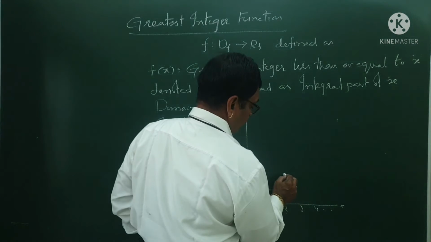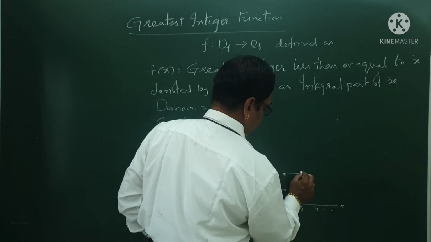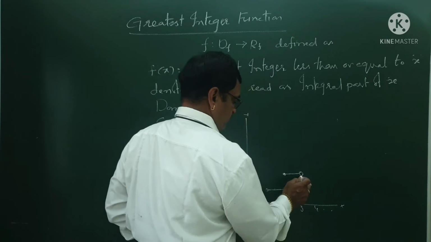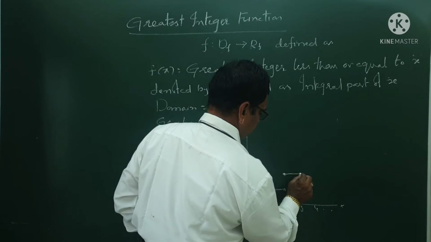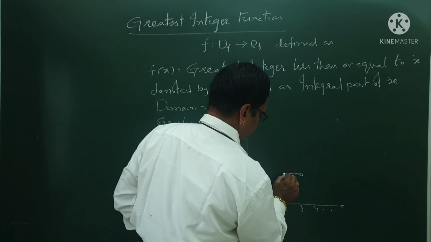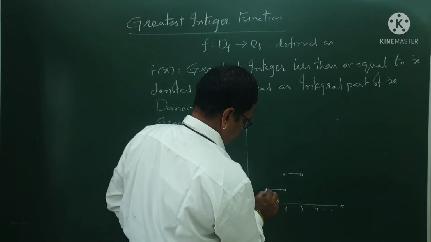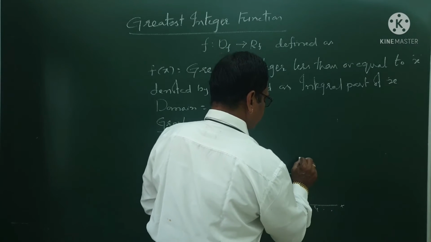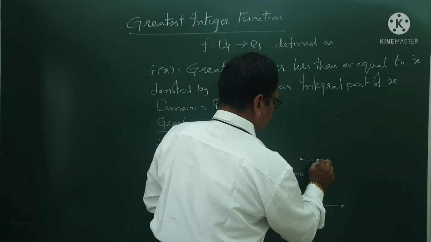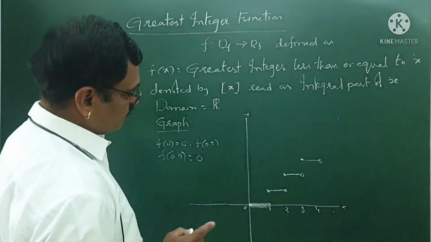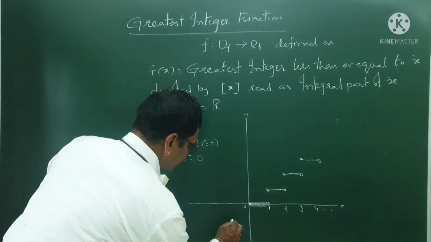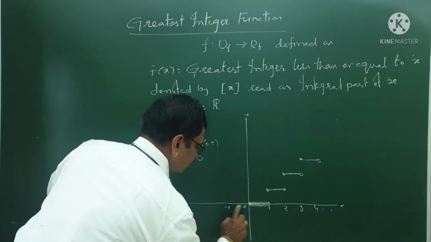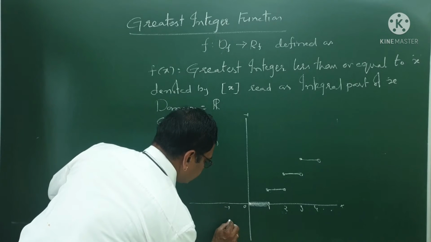Between 2 and 3 you will get 2, and the next will be 3 to 4, like this. When you come to negative numbers, for example from minus 1 to 0, you will get minus 1.